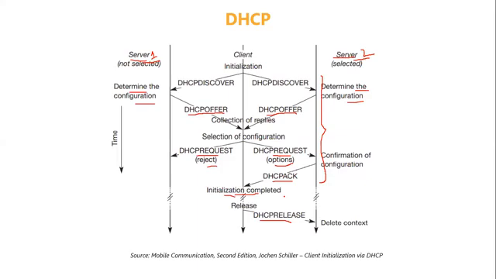DHCP is a good candidate for supporting the acquisition of care of address for mobile nodes. The same holds for other parameters needed.